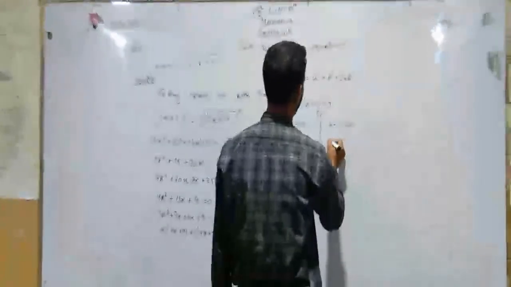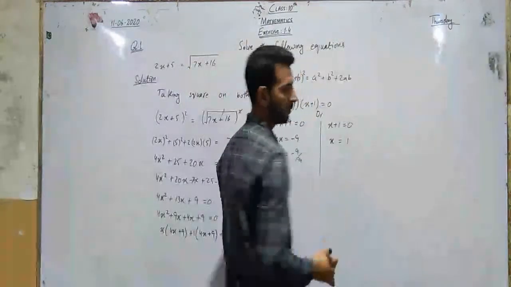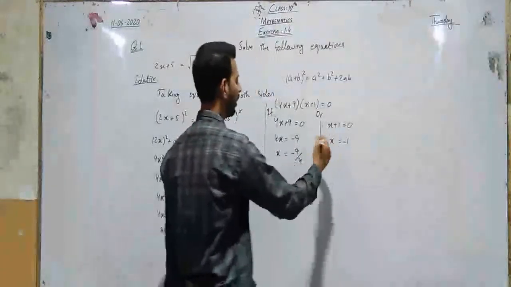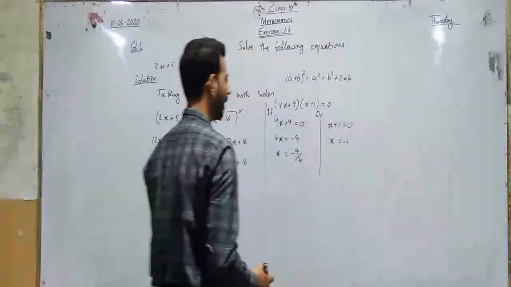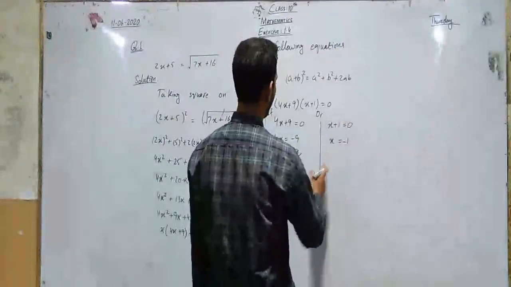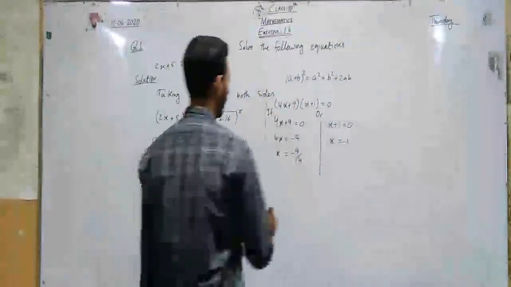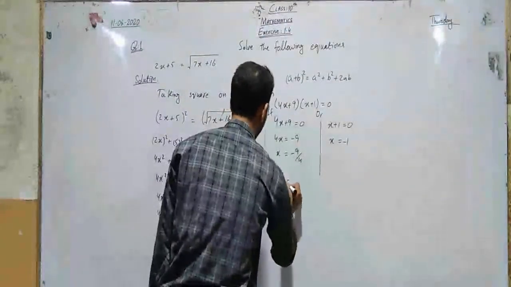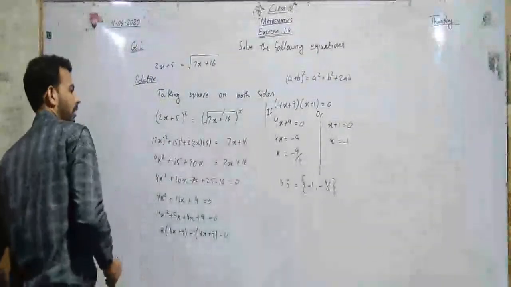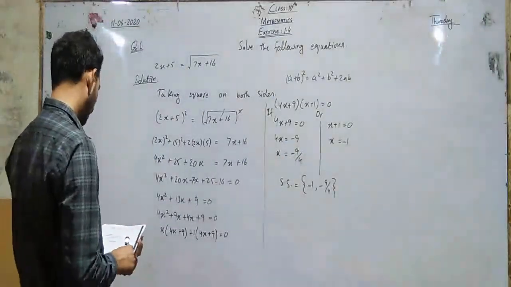Here we have x is equal to minus 1, because it is plus here, and if you go to the other side, the sign will be changed. So x is equal to minus 1 and x is equal to minus 9 over 4. So students, this was our question number 1. I hope you understood it.